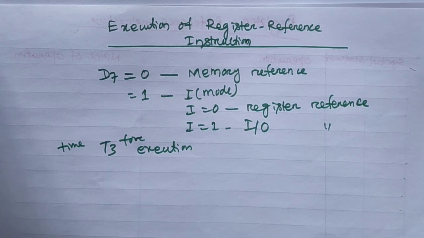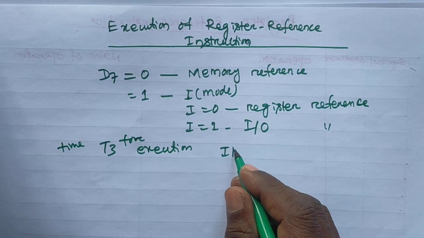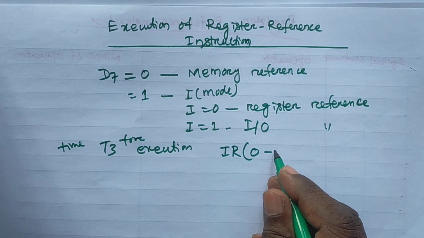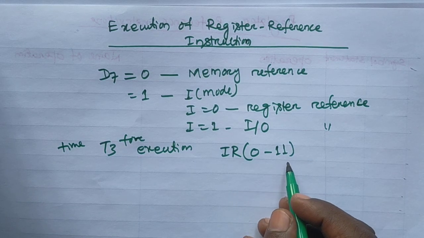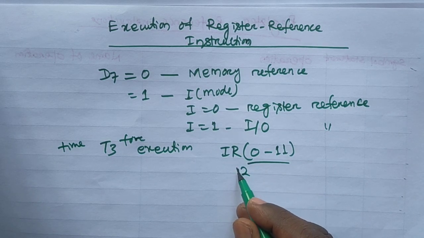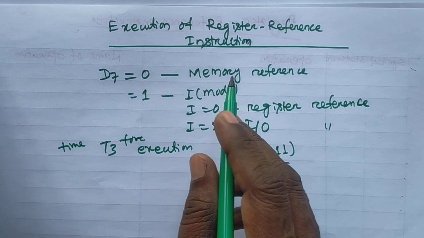Another point: a register reference instruction is defined through a certain part, bits 0 to 11. All of you know that the address part is defined through bits 0 to 11, that is 12 bits, and it defines the register reference.